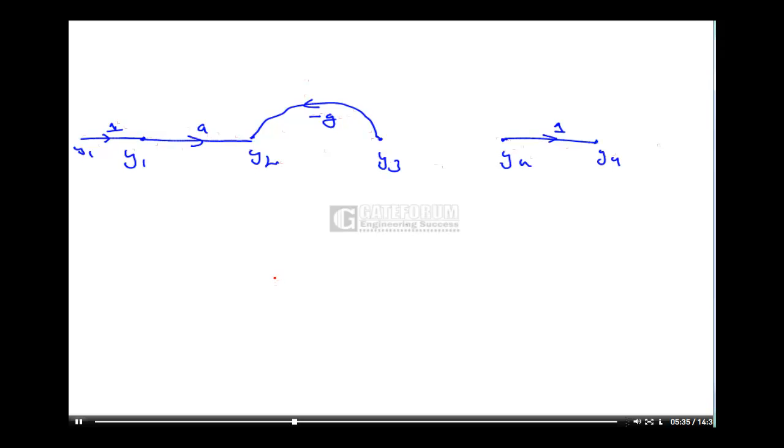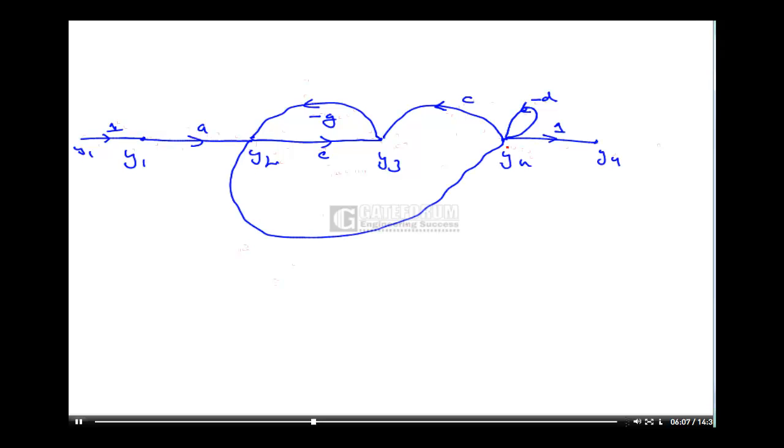Now y3 is from y2, this is e, and from y4, this is c. y4 is from y2 and y4 itself. This is my d, and from y4 this is b. So this is a signal flow graph for the given set of algebraic equations.